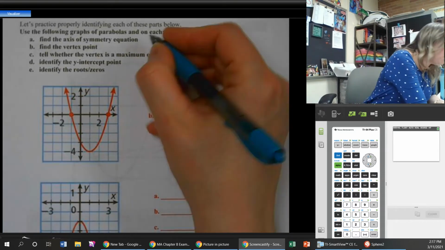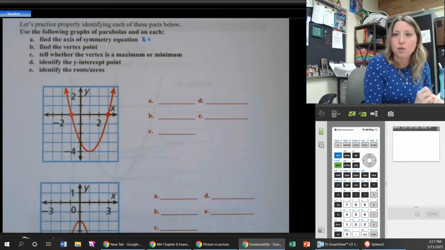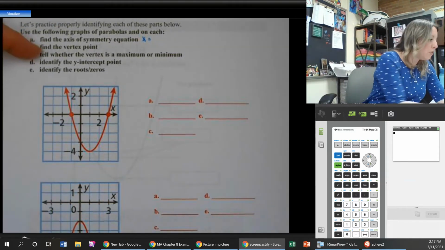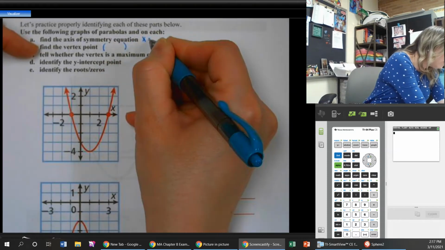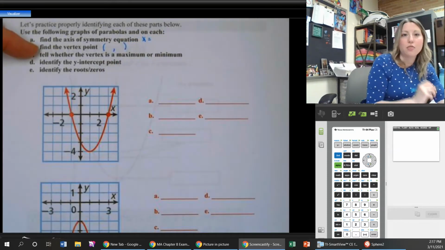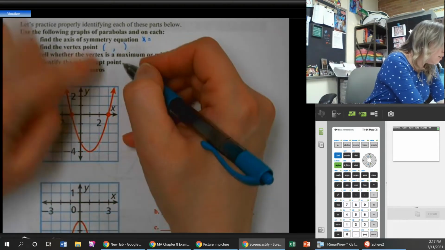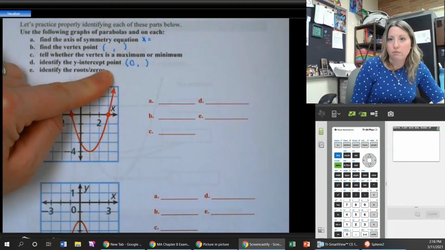So the equation part is always going to be x equals whatever number I'm touching at the x-axis. Whereas the vertex point is always going to be the x value of the axis of symmetry and the y value of that point. The y-intercept point will always be 0 and whatever the y value is.